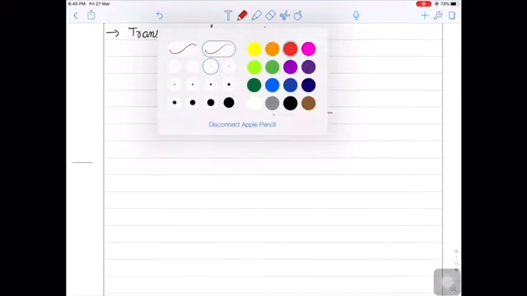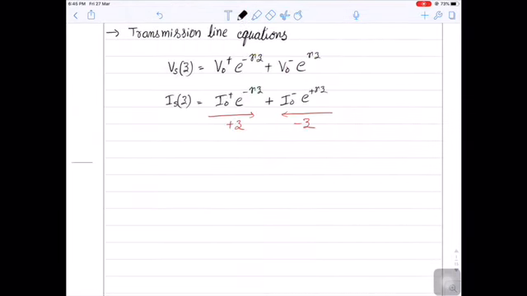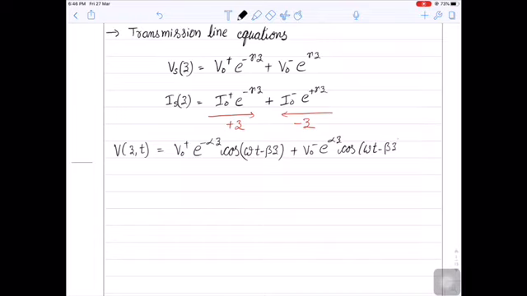And these voltages and currents are also dependent on the time factor. Therefore, the instantaneous voltage is expressed as V(z,t) = V0+ e^(-αz) cos(ωt - βz) + V0- e^(αz) cos(ωt + βz).